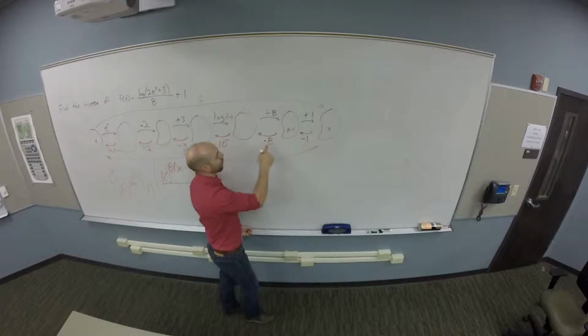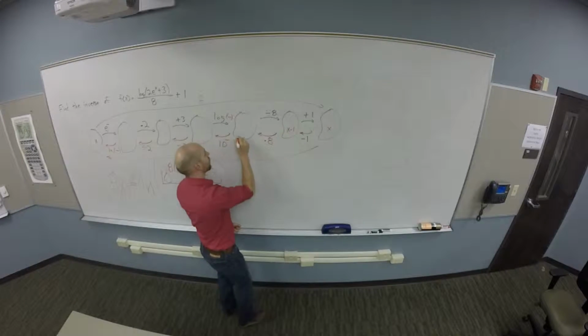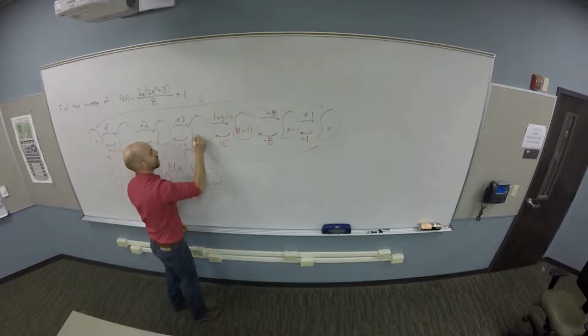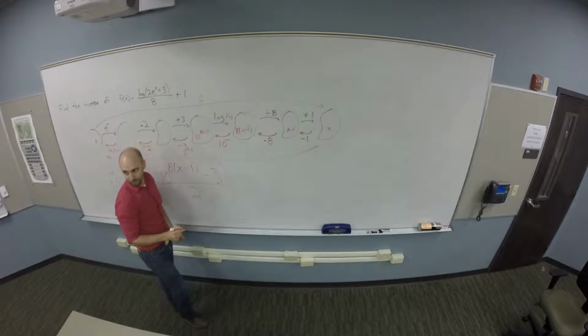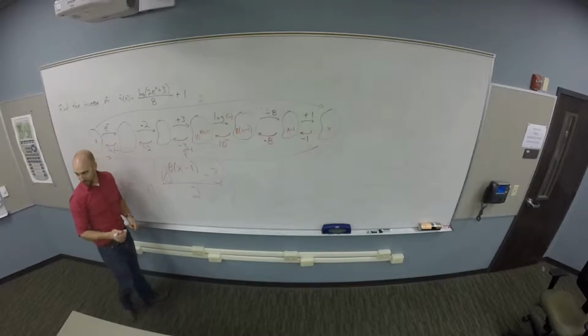And then I had to do the multiply by 8 function to all of that stuff, so I got 8 times x minus 1. Then I had to put that stuff in the exponent of a 10, so I got 10 to the 8 times x minus 1. Then I subtracted 3 and so forth.